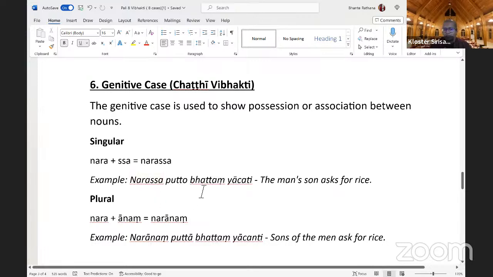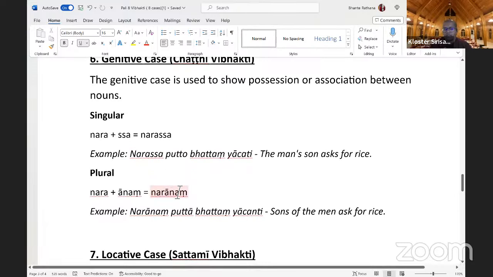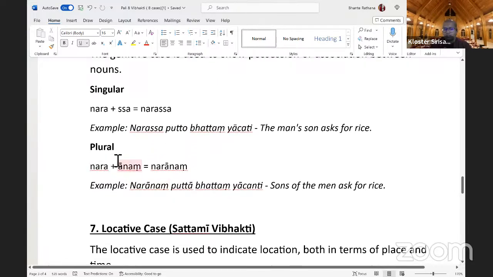Narassa is the genitive case, right? Putto is pathamā, the first one. So the plural: nara plus ānaṃ, narānaṃ. Example: narānaṃ puttā bhattaṃ yācanti.